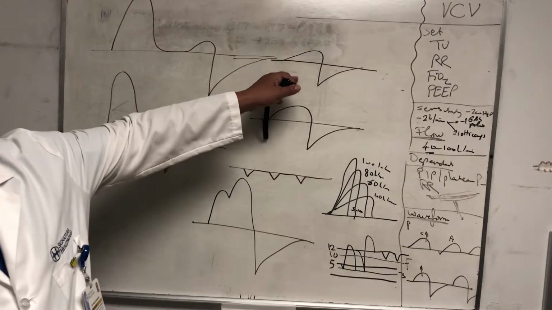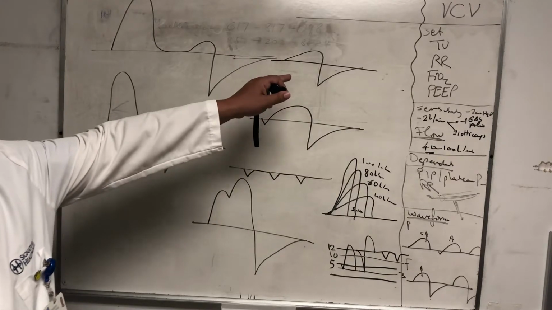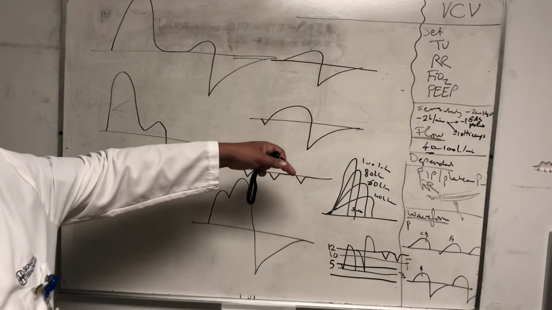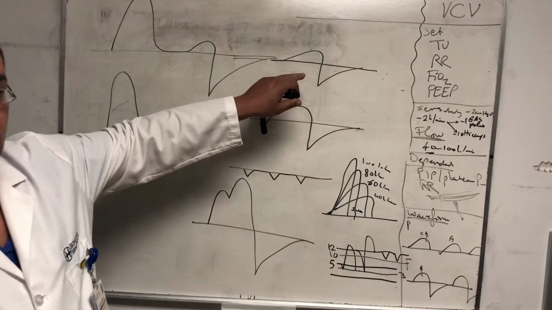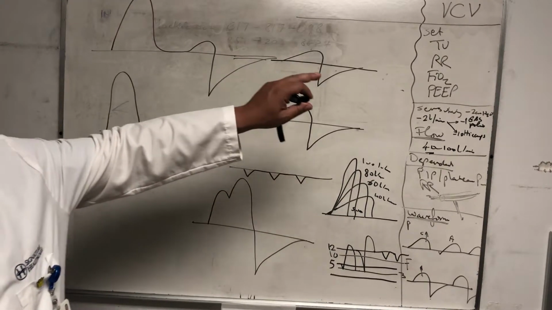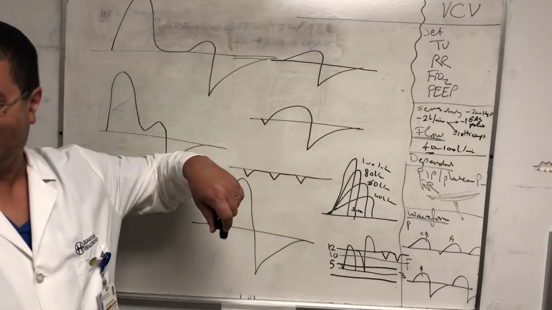How do you describe this type of breath? Like you walk in the room, you look at the flow waveform, which is the second waveform on the vent, and look, obviously you guys don't look at the waveform because it's right there.